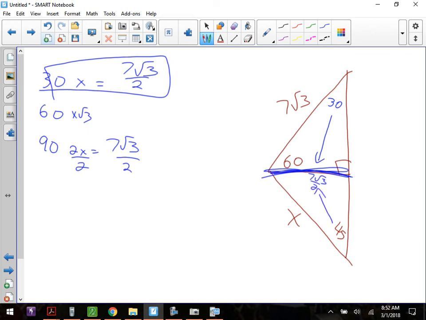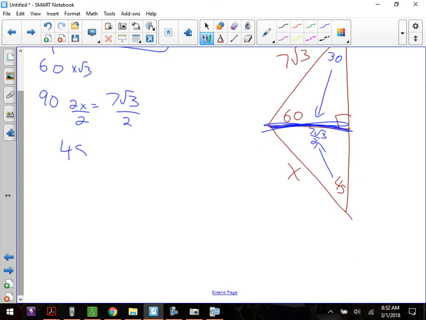because now it's across from a 45, and I have to put it across from a 90. So if x is 7 root 3 over 2, that means across from the 90 will be 7 root 3 over 2 times root 2.